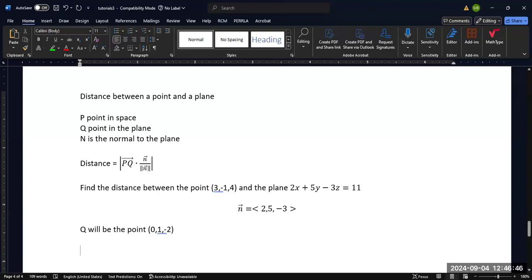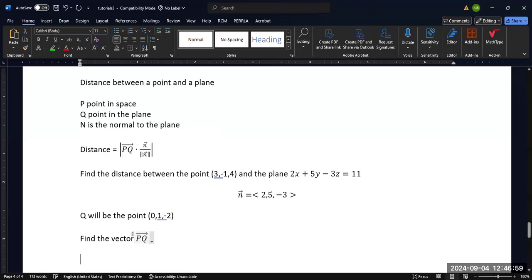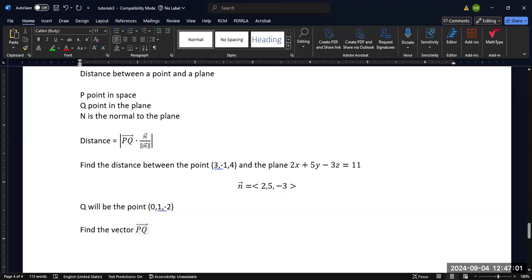That is a point on the plane, so it satisfies our equation. So now what I need to find is the vector PQ. Now, remember that the vector PQ is basically just the difference between Q and P, so subtract.